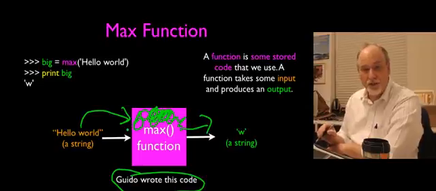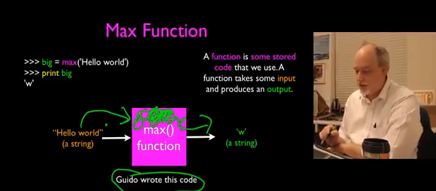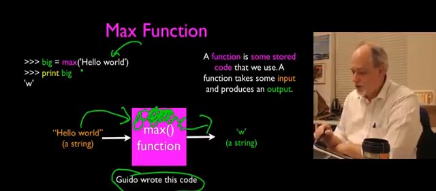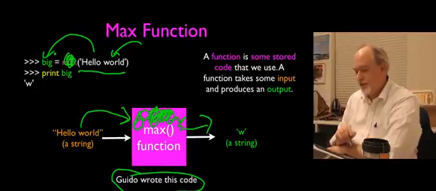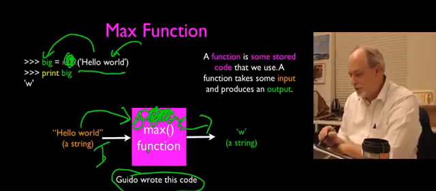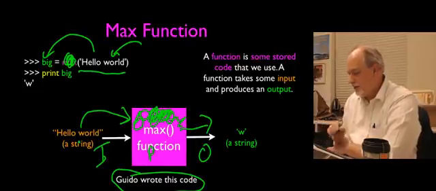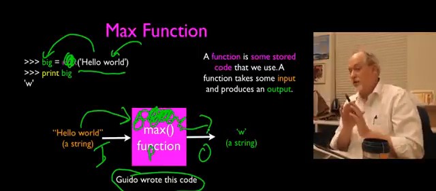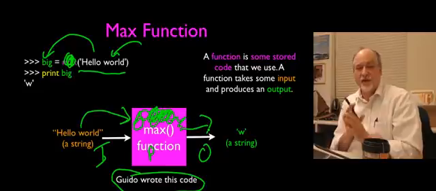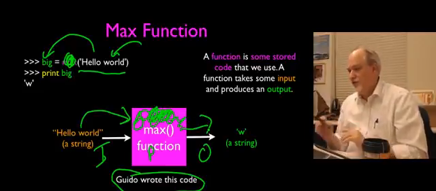So hello world is the input, the string, the argument, the thing we're passing in. Hello world is what's being passed into the function. The function is running, and then something comes back and is sent back. So it has input, processing, and output. That's how a function, some stored code, whether we wrote it or not, works the same when we call functions.